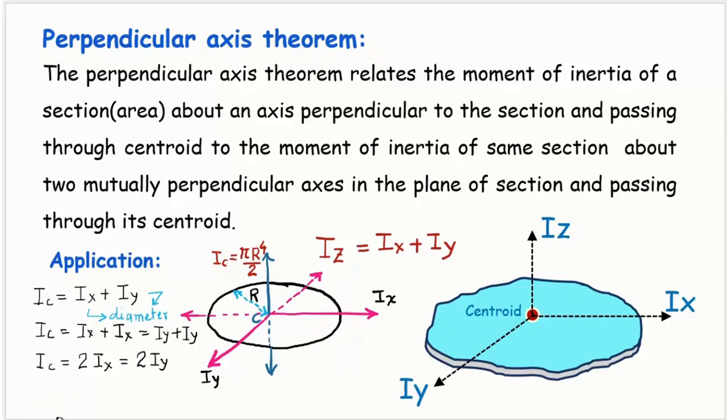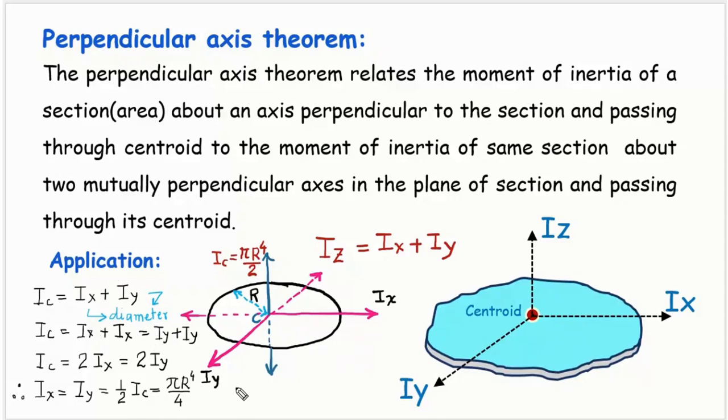So the simple idea is, therefore I can simply write that the moment of inertia along Ix will be the same as the moment of inertia along y-axis, which will be 1 upon 2 times Ic. So Ic is basically pi r raised to 4 by 2. Therefore, I can write this as pi r raised to 4 by 4. So the final conclusion is very simple.